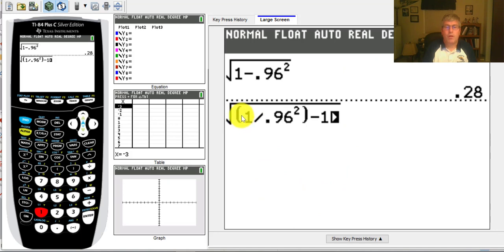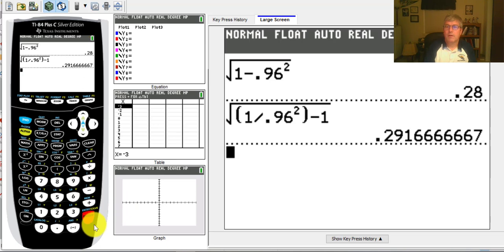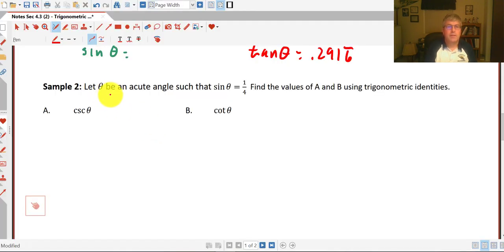So I carefully put all that into my calculator. Notice I use parentheses here for my 1 over 0.96 squared minus 1. Make sure that's all under the square root, and I hit enter, and I get my answer of 0.2916 repeating.